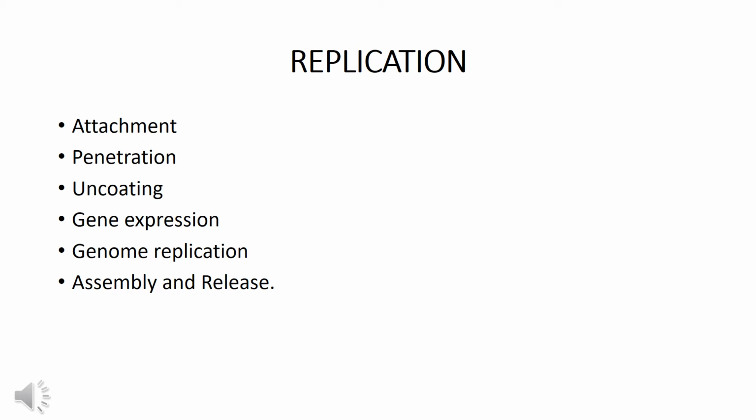Another important thing is replication in the virus. Virus replication is different from that of all other eukaryotic or prokaryotic cells, because a virus is also different from all other cells in many ways. The first few steps are attachment of the virus to the host cell and then penetration of the virus into the host cell.